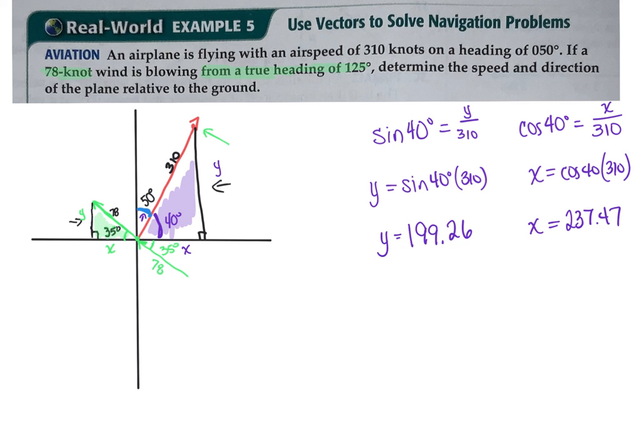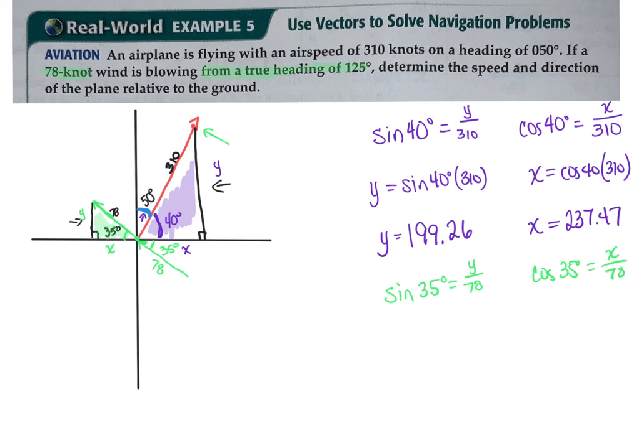All right? Using the 35 degrees. And so over here, the sine of 35 degrees should equal Y over 78. And the cosine of 35 degrees should equal X over 78.